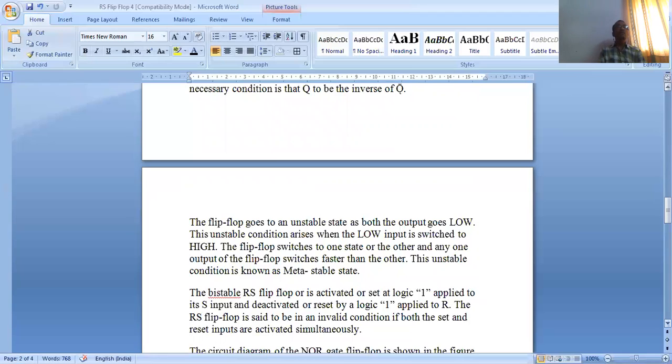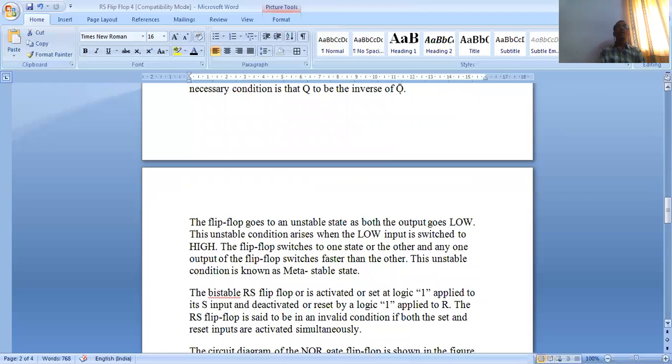In short, when R equal to 0, S equal to 0, the output of the RS flip flop remains in the last state. When R equal to 0, S equal to 1, the output of the RS flip flop is Q equal to 0, Q bar equal to 1.